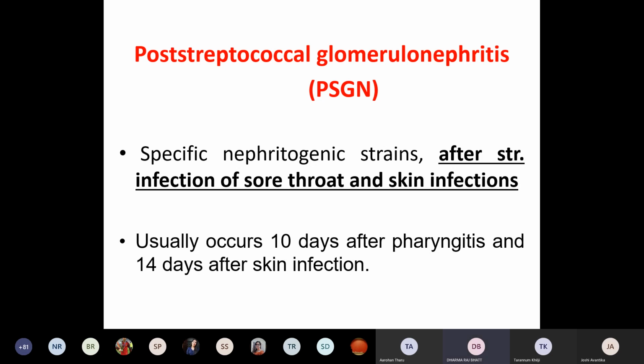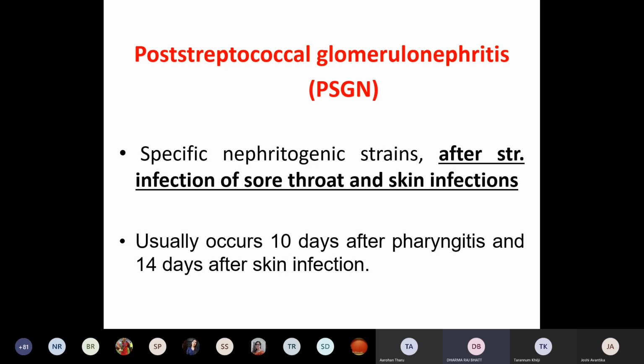Right? So it is an inflammatory condition associated with specific nephrogenic strains. In the previous condition, we said cardiogenic strains. Here again, the strains are different. Streptococci with M protein specific to heart tissues are unlikely to cause post-streptococcal glomerulonephritis.